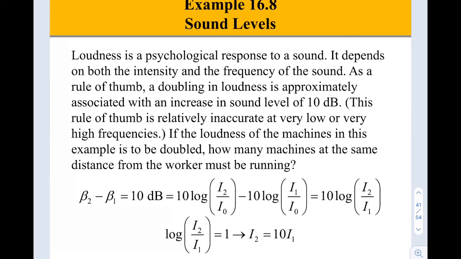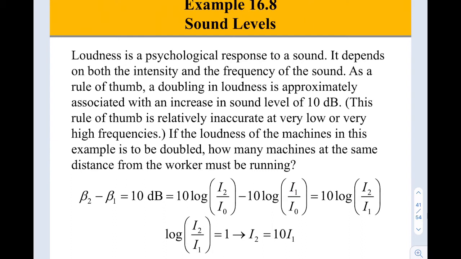So our aim is for the loudness to be doubled. From the statement given here, beta 2 minus beta 1, the difference, is equivalent to 10 decibel. And what does that mean? This is actually the process of it. It is equivalent to 10 log I2 ratio to I1.